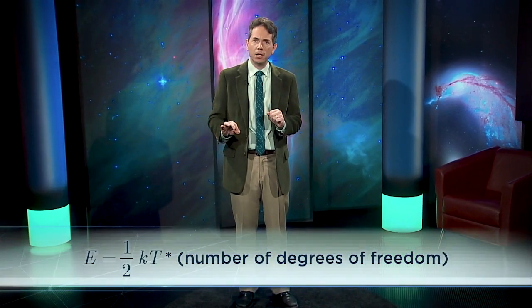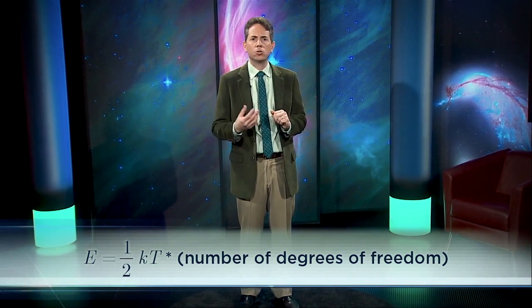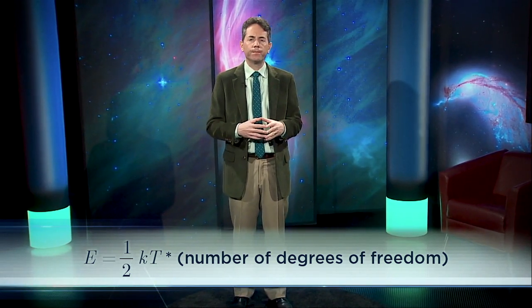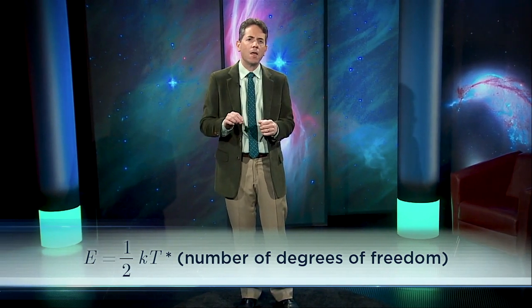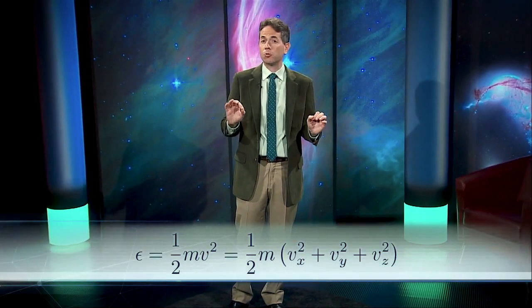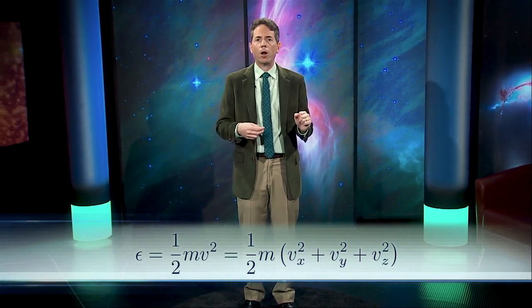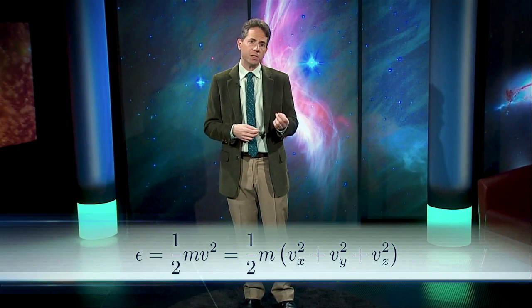The general rule is that the average energy is 1/2 kT times the number of independent ways that a particle can store or exhibit energy. The technical term is the number of degrees of freedom. Our billiard balls can move in 3 dimensions, so the kinetic energy has 3 terms: 1/2 m times vx squared plus vy squared plus vz squared.